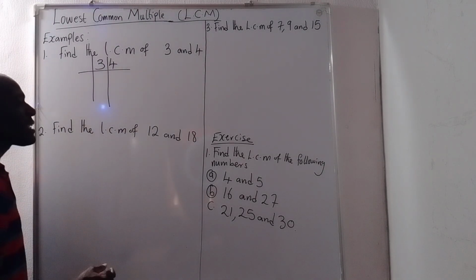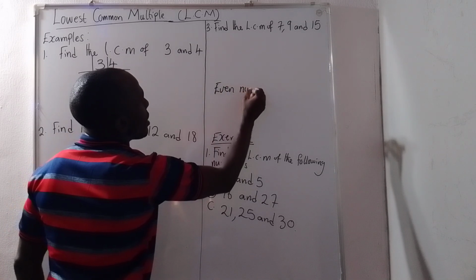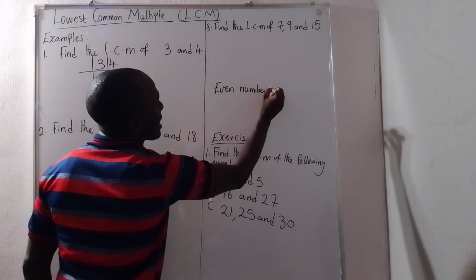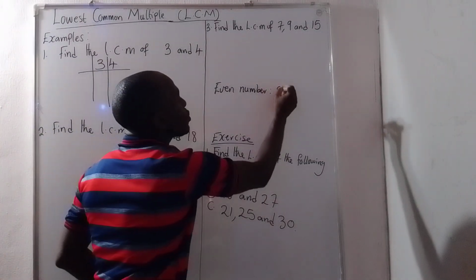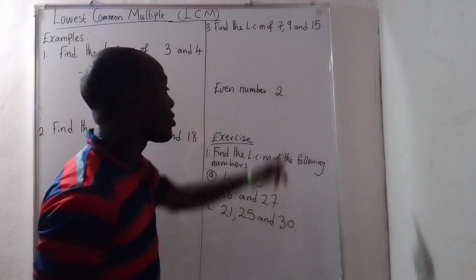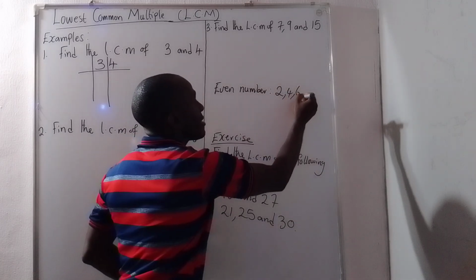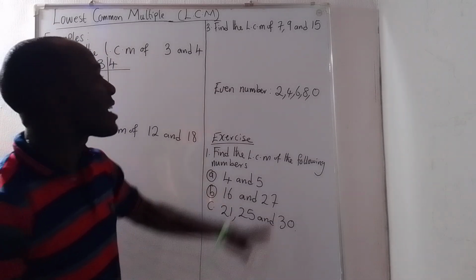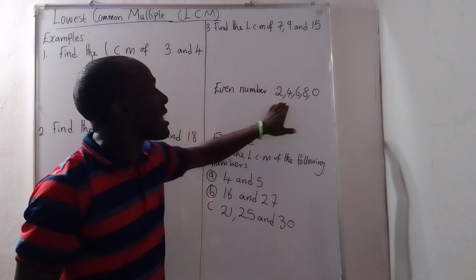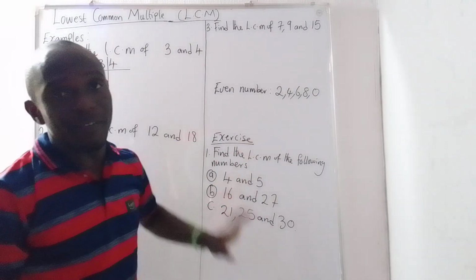Even numbers are numbers whose last digit is 2, 4, 6, 8, or 0. Anywhere a child sees any of these as the last digit, it means that 2 can divide it.